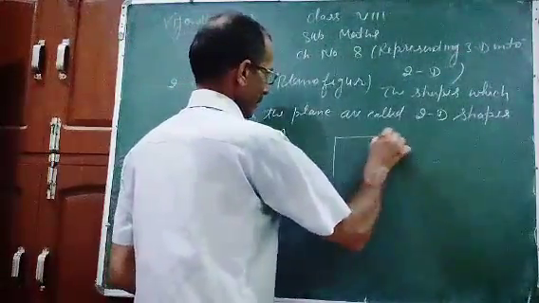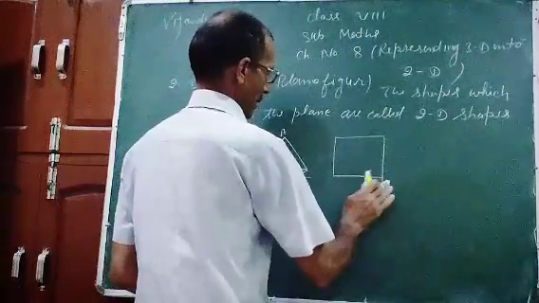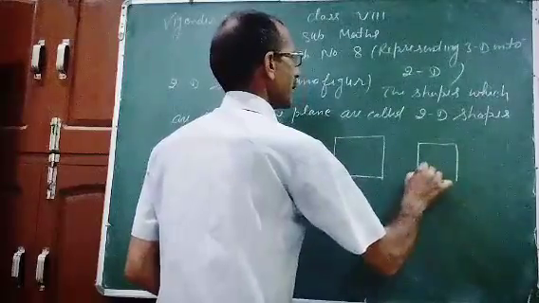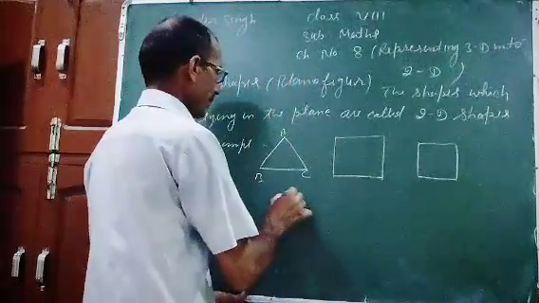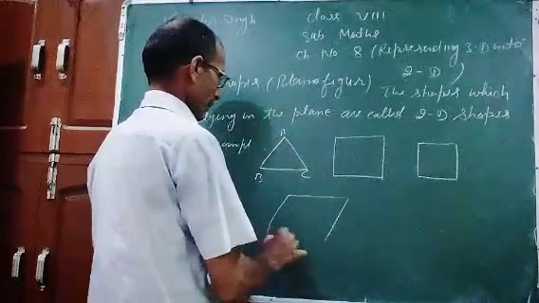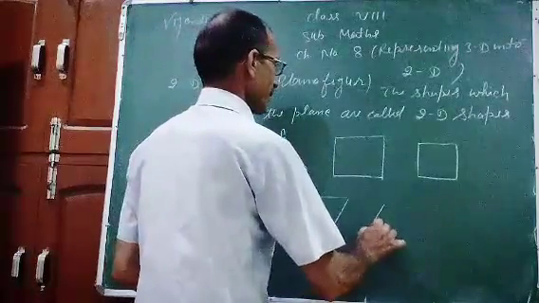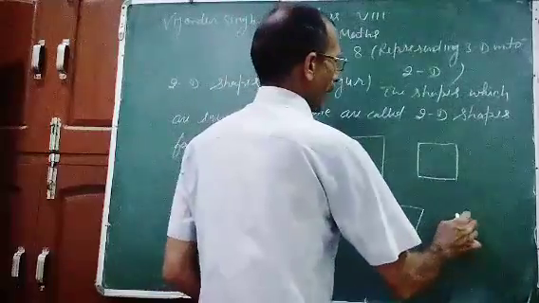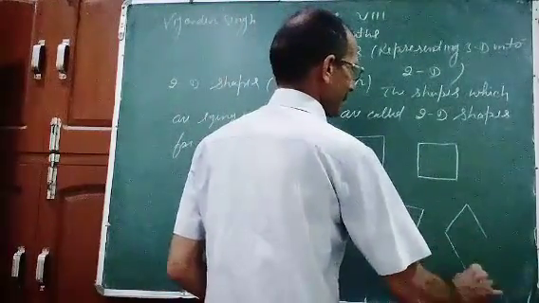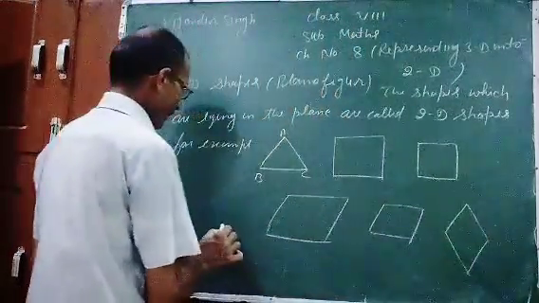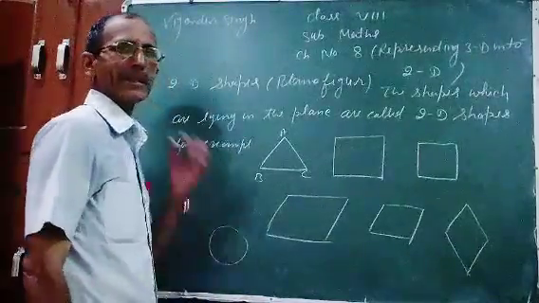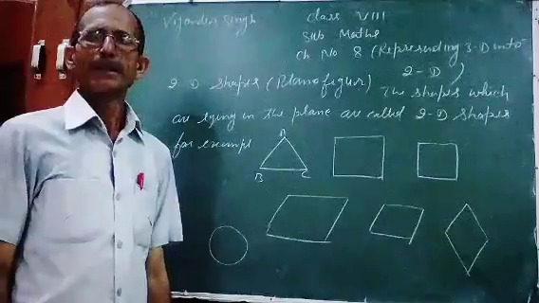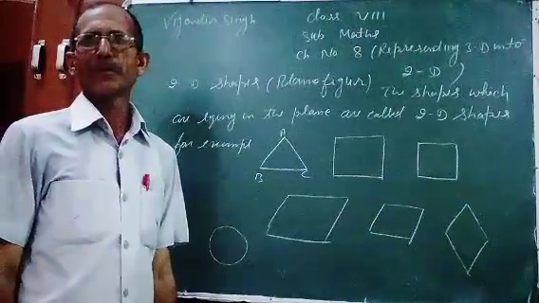A rectangle, square, parallelogram, rhombus, and kite, circle. So these are the examples of 2D shapes which are lying in the plane, or two-dimensional shapes.